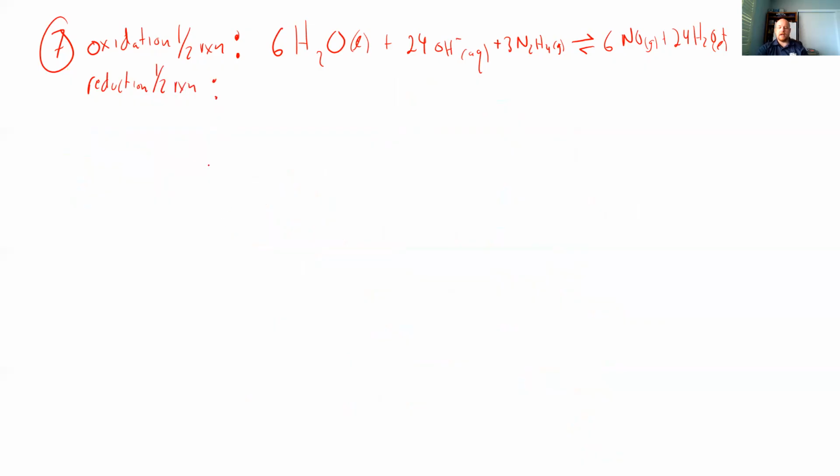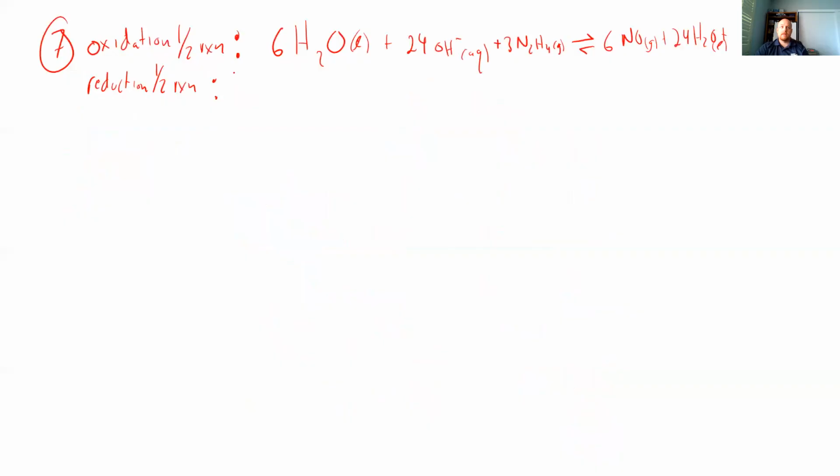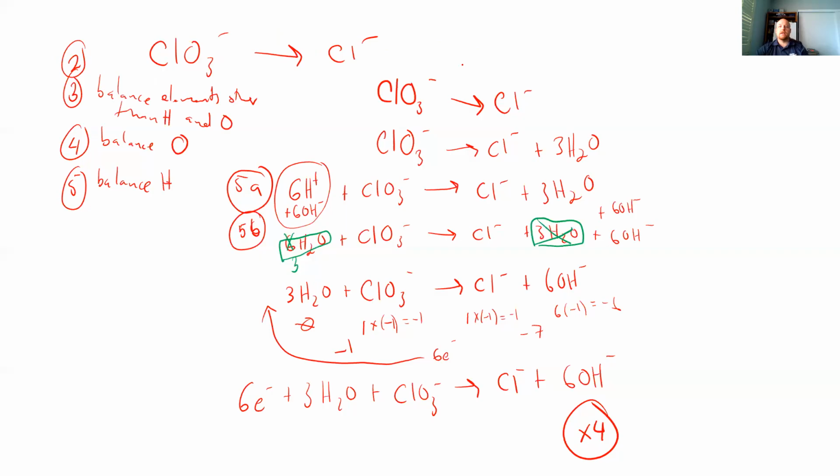Okay, for a reduction half reaction, we should have, so 4 times 6, so 24 electrons, 12 waters, and 4 chlorates. And those react to form, again, we're going to go back here, 4 chlorides and 24 hydroxides.